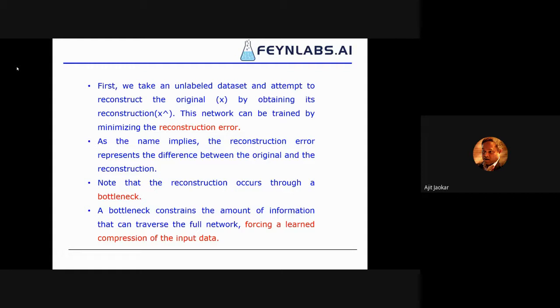The bottleneck means that you force the input into an artificially smaller construct, such that it forces a smaller representation of the original. And when you have managed to reconstruct it such that the reconstruction is the same as or similar to the original, you are then able to say that the compressed representation is valid. This is the basic idea behind it.